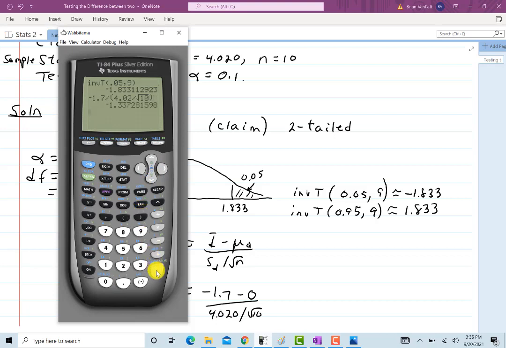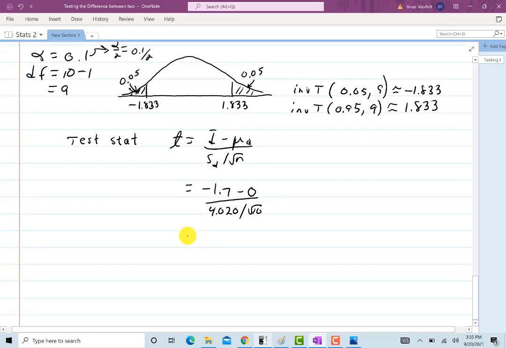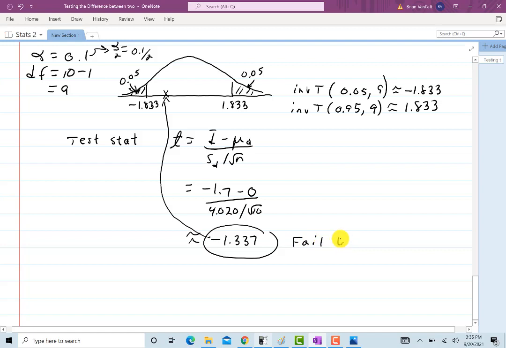I get negative 1.337. So where is that? Negative 1.337. If I see, it is not in the rejection region. So we fail to reject H naught.